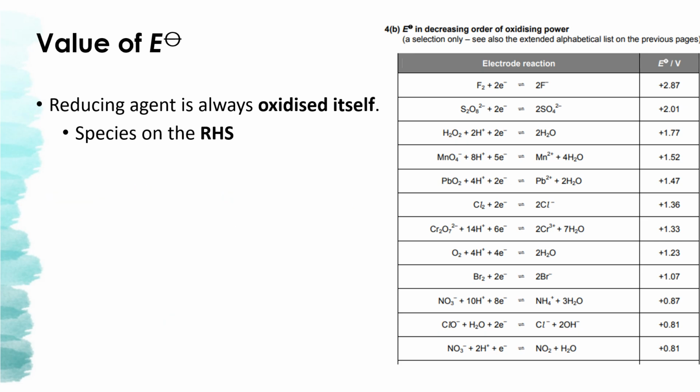If we are talking about a reducing agent, right? Remember, a reducing agent is something that will be oxidized, correct? So if you are talking about oxidation, we read from right to left. I repeat, you read the equation from right to left. That's why on this slide now you say the species is on the right hand side. Okay. So for a good reducing agent, the more negative the E value, the merrier.